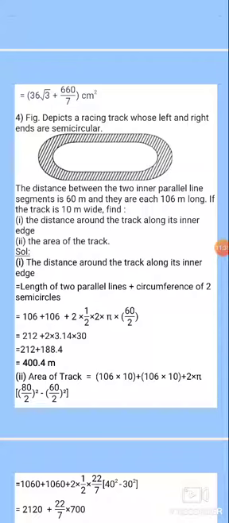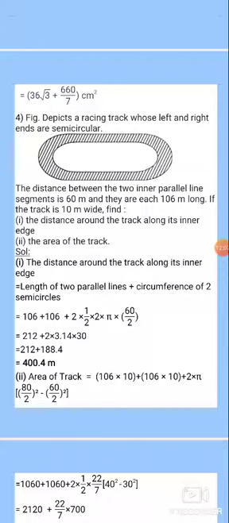Inside portion, the width is 60. Then top portion 10 width and bottom also 10 width. So the total large circular portion diameter is 80: 60 plus 10 plus 10, 80. Now 80 by 2 is the radius. Then inside portion 60 is there. Since the diameter is 60, the radius is 60 by 2. Now 2 into 1/2 is also there.